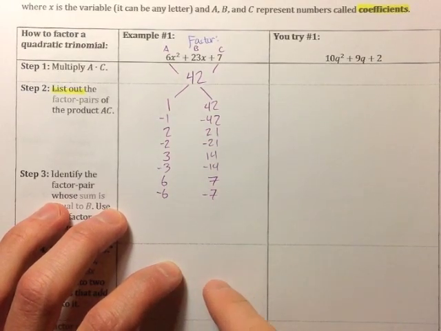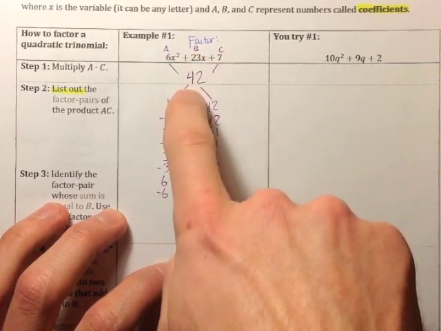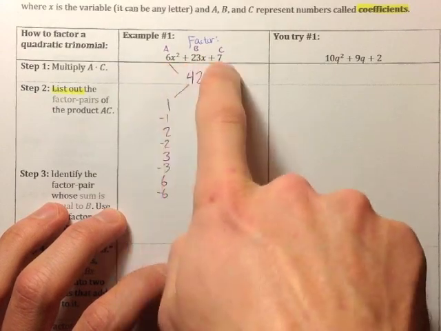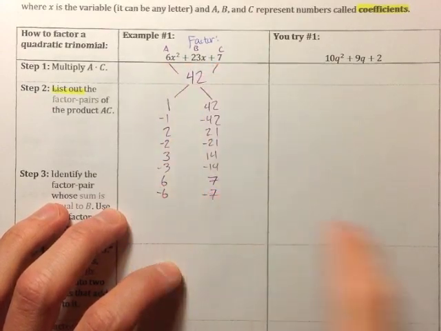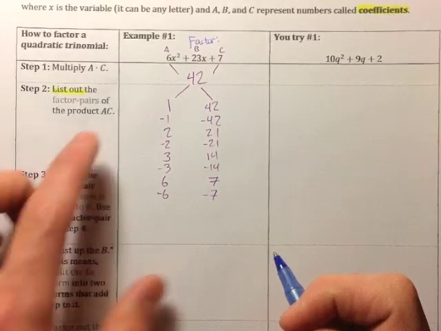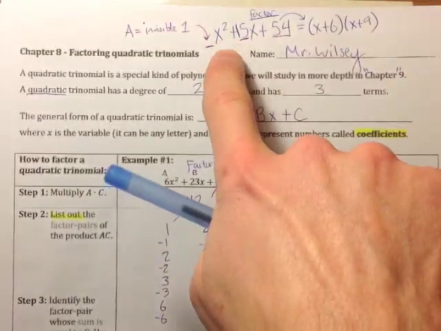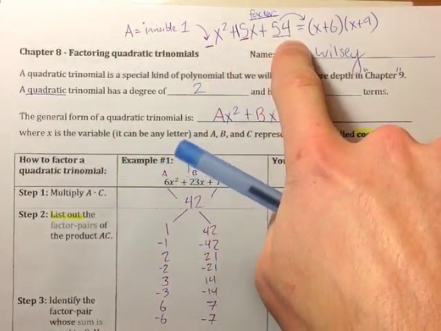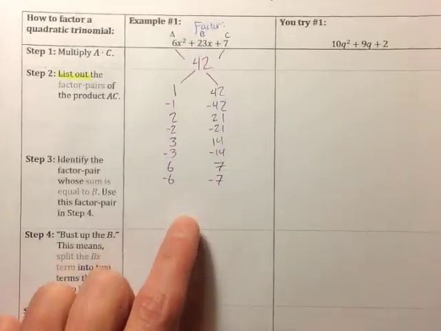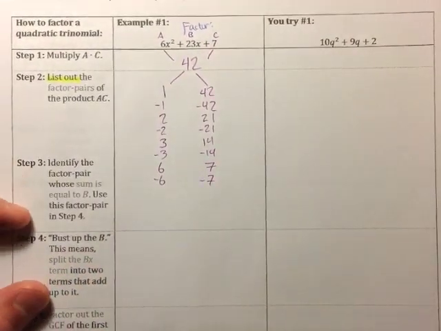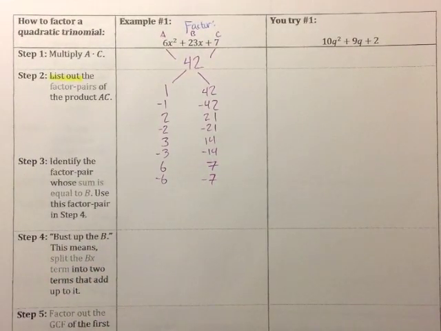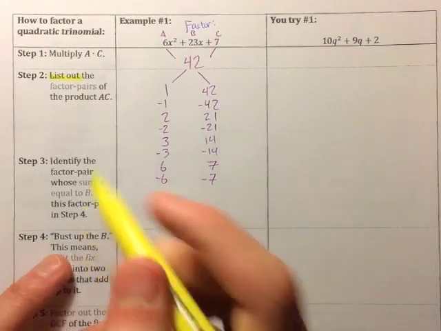Now, notice, of course, that we multiplied 6 times 7 to get 42, and of course, 6 and 7 appear in our list of factor pairs. Now, just like we did when we were factoring quadratic trinomials that look like that, we are going to identify the factor pair whose sum is b.